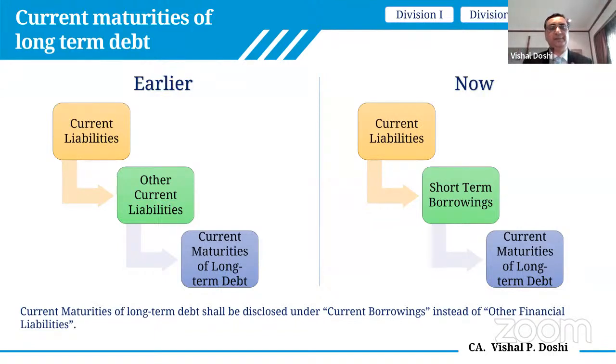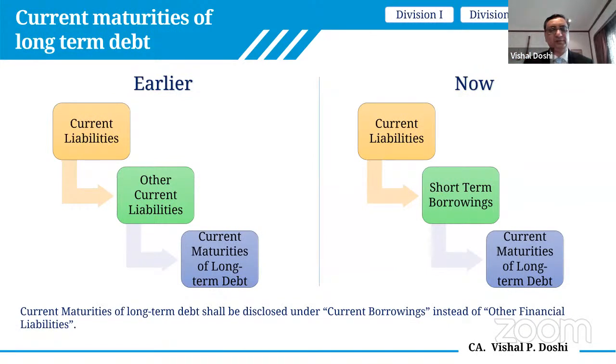Let us say the company, your client, has not considered this current maturities of long-term debt, which till now was getting reflected under other current liabilities, for the purpose of calculation of, let us say, debt equity ratio or debt service coverage ratio or any such ratio which was linked to debt, because intentionally or unintentionally this was left out, as it was classified under other current liabilities and not as a borrowing.